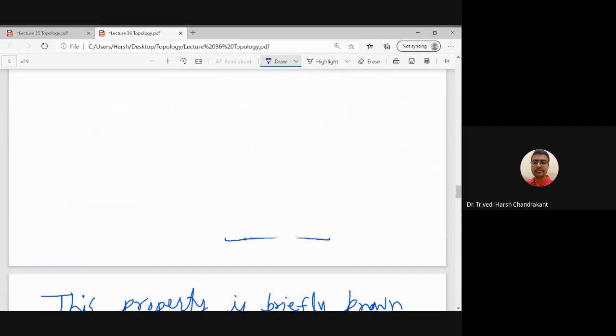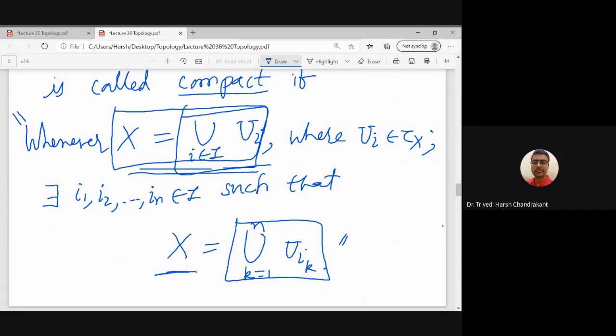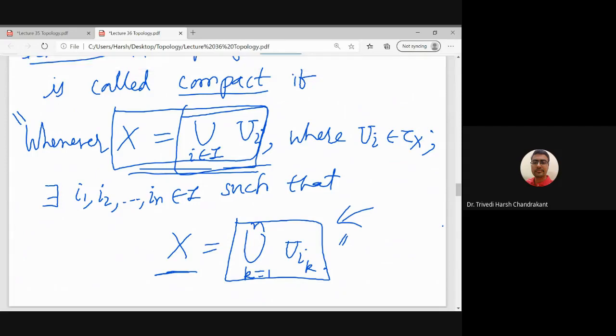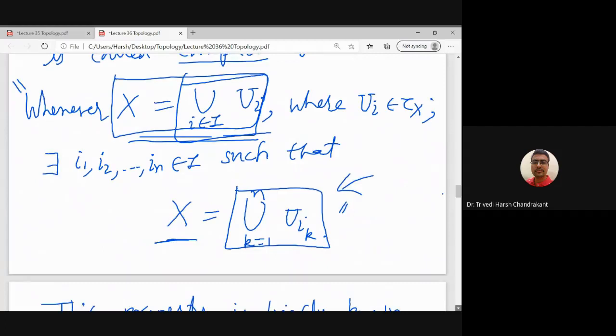If I take finitely many ui's, their union is still the whole of X. So it is a kind of game: you give me whatever collection of open sets, and I will choose finitely many sets which cover the entire space X.